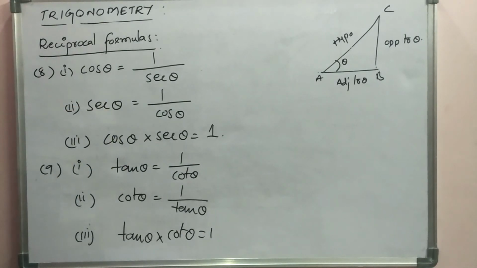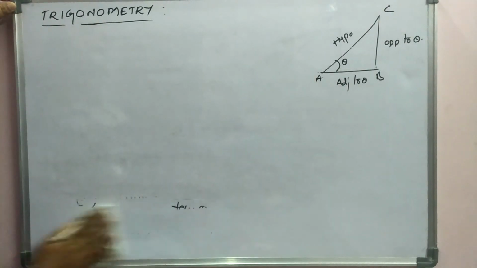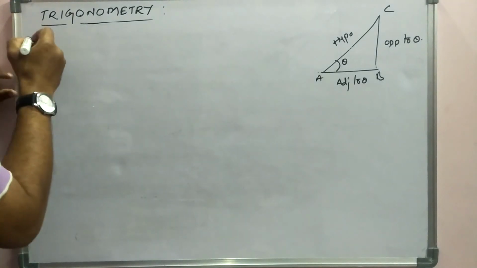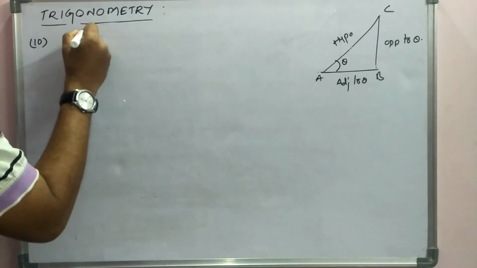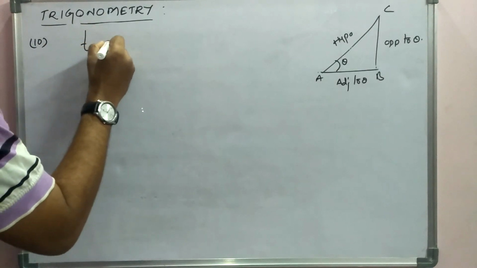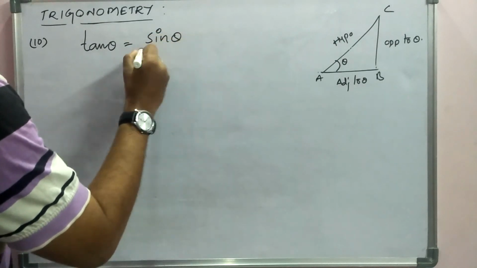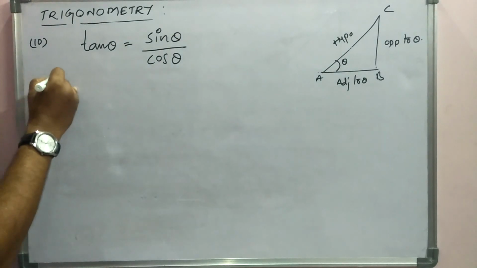We'll see some more relations with these formulas. Formula number 10: tan theta is nothing but sine theta by cos theta. We'll see the proof.